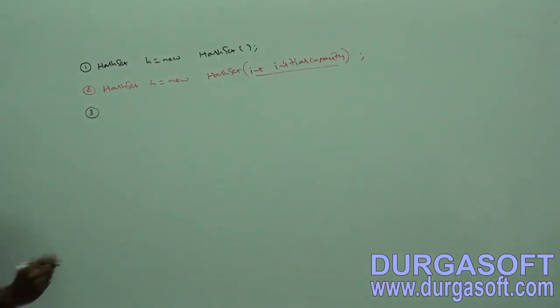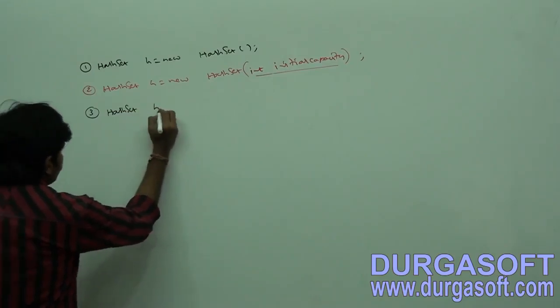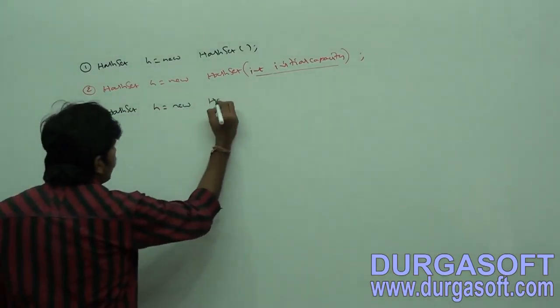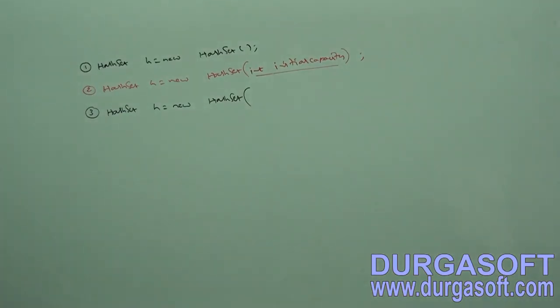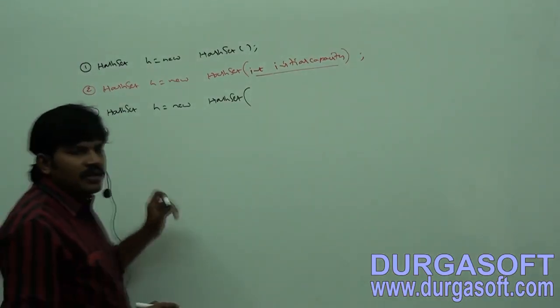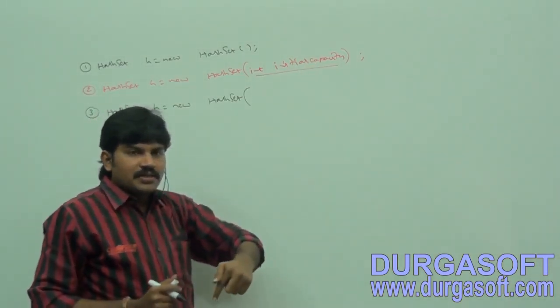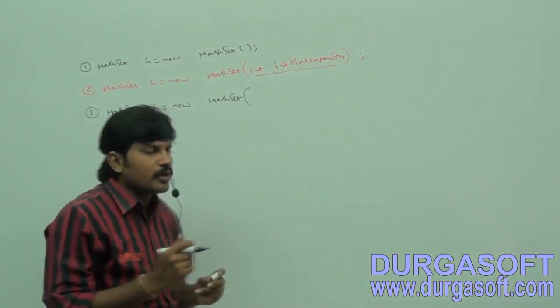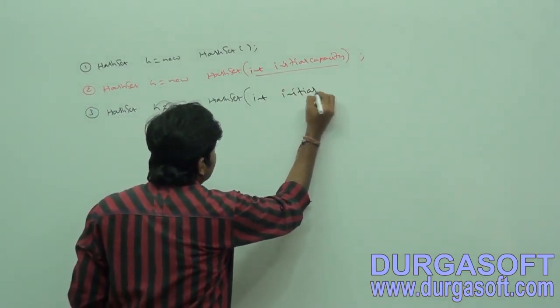Third one: HashSet h = new HashSet(int initialCapacity, float fillRatio). Sir, not only initial capacity, I want to customize the fill ratio also.